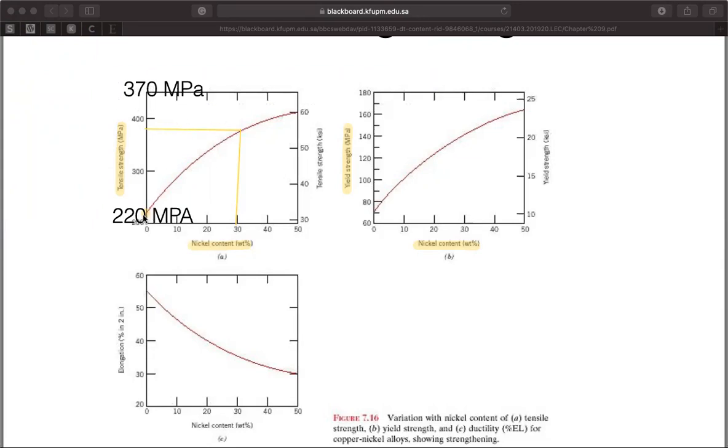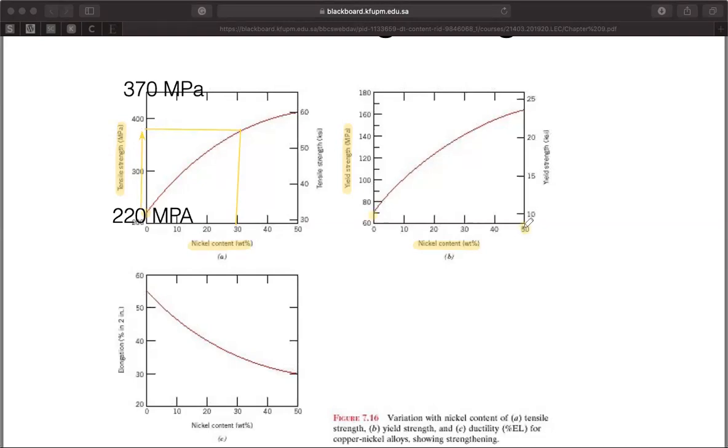You can take it from 220 all the way to around 370 megapascal, only by adding those impurities. Similarly, when you look at the yield strength, you can increase the strength by a tremendous amount. You can take it from around 60 megapascal all the way maybe to 160 megapascal if you have 50% nickel.